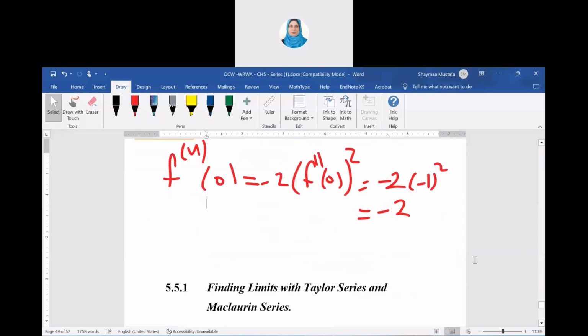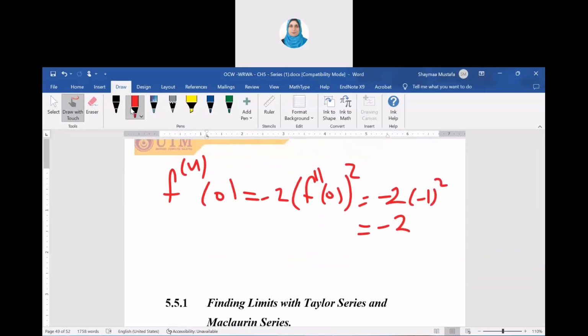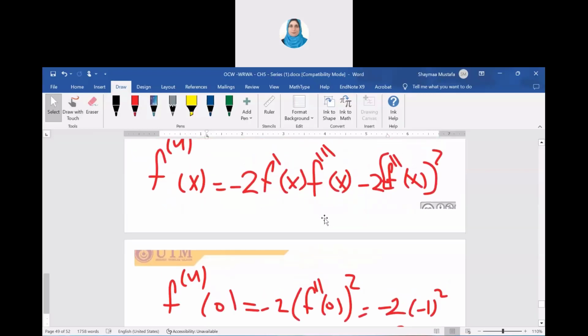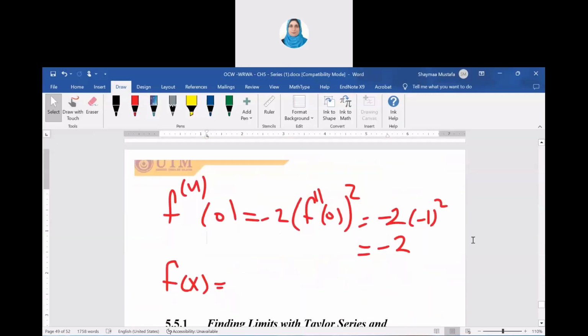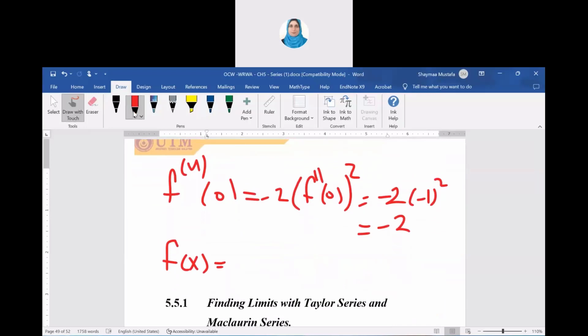So your Maclaurin series here up to x to the power 4 is equal to f of x, or the function here is f. The second derivative is minus 1, so minus x squared over 2 factorial, minus 2x to the power 4 over 4 factorial.